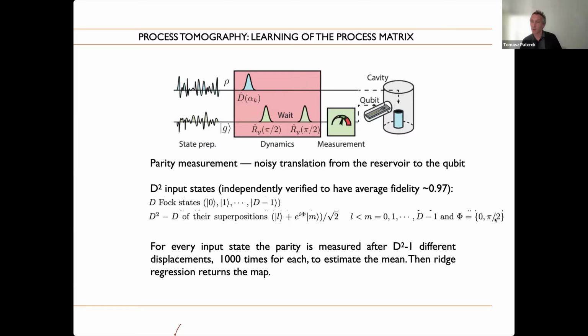And this phase could be 0 or pi half. So for example, 0 plus 1, or 0 plus i1, 0 plus 2, 0 plus i2, and so forth. There are many such states, altogether d squared. And they are really good at preparing them, so you can trust this. That's important here: at this stage, when you want to reconstruct the process, you want to make sure that the input states are of good quality, and that's the case.